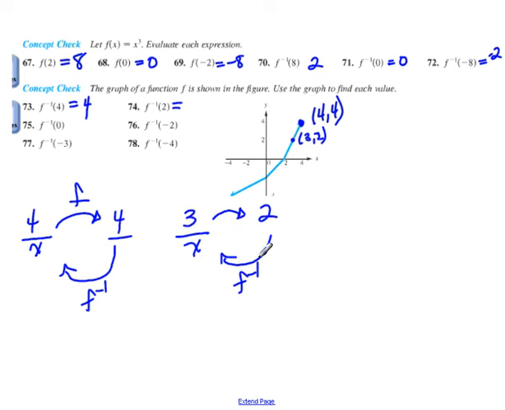So f inverse of 2 would be 3. Okay. And another way to think about it, if the point (a, b) is on the graph of f, then for f inverse, that interchanges. So f inverse of b then would be that value of a. That's another way you can think about it.